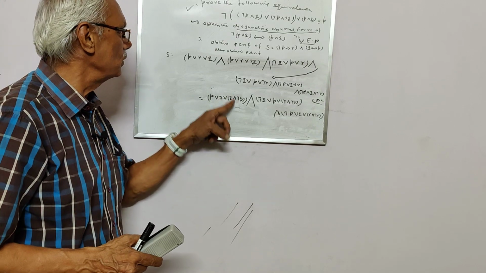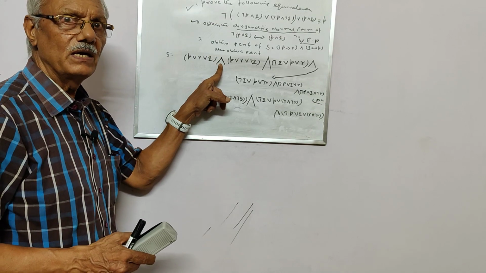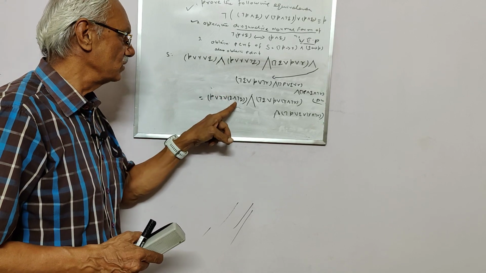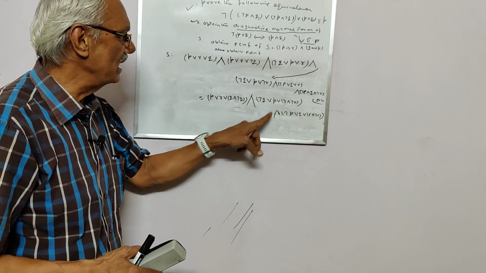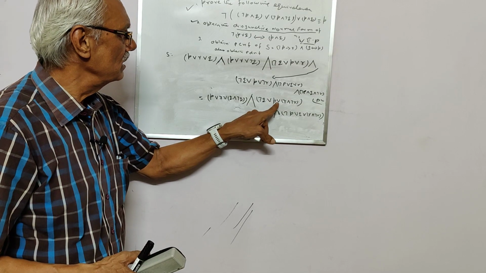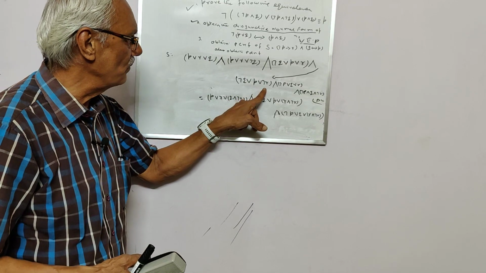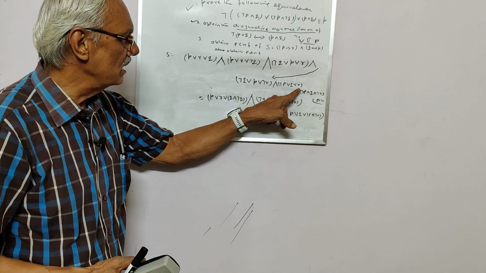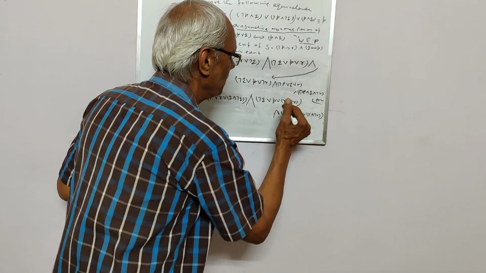P union R union Q, conjunction, which I have shown very distinctly here, with P union R union negation Q. Likewise I have written for negation Q, disjunction P, disjunction R, then negation Q, disjunction P, disjunction negation of R. The next one is negation P, negation Q, disjunction R. Then it is conjunction, make it very distinct.